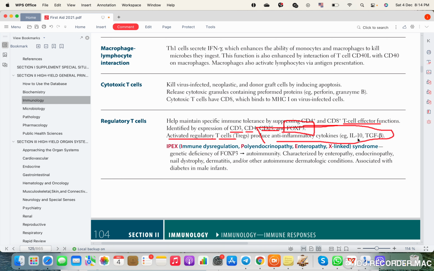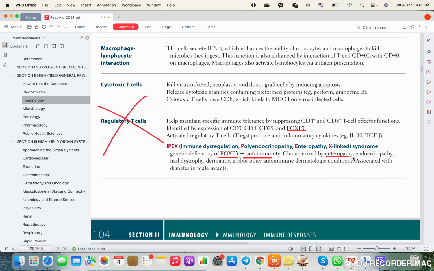Let's imagine someone has IPEX syndrome. What is this IPEX syndrome? Remember what I told you the most important thing they express was FOXP3. So if you do not have FOXP3, you are going to have dysfunctional regulatory T cells, which can lead basically to autoimmunity because these guys used to destroy the cells that were autoimmune.